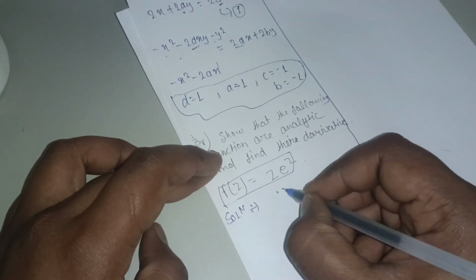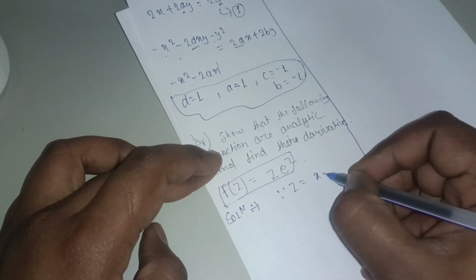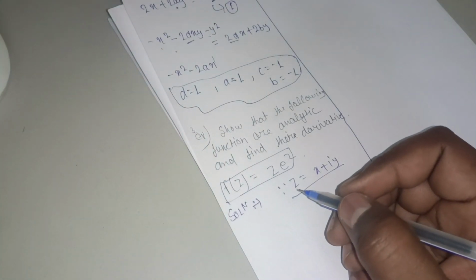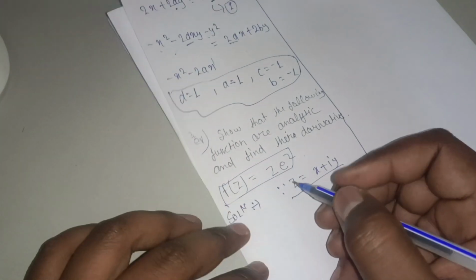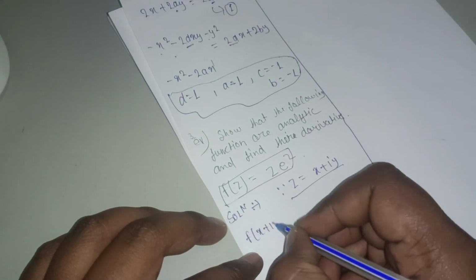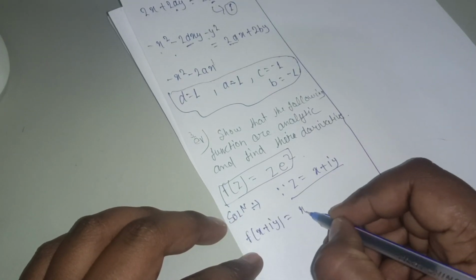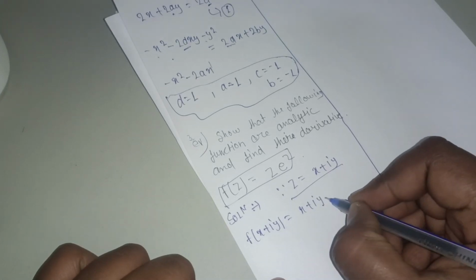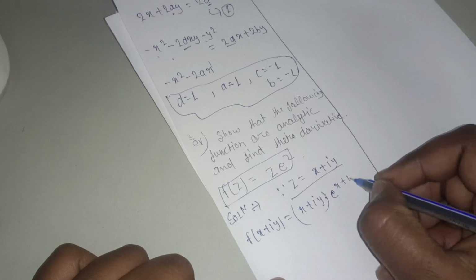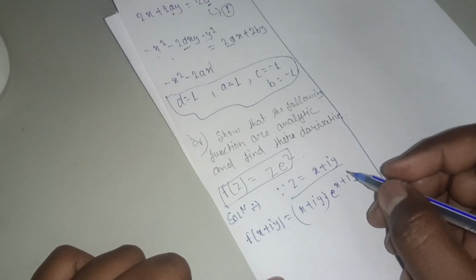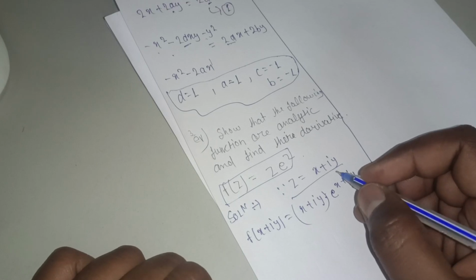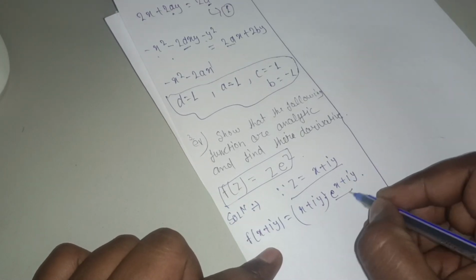So for solving, we know that z we can write as x plus iota y. So f of x plus iota y is equal to x plus iota y times e to the power x plus iota y. Okay, so we will open it.